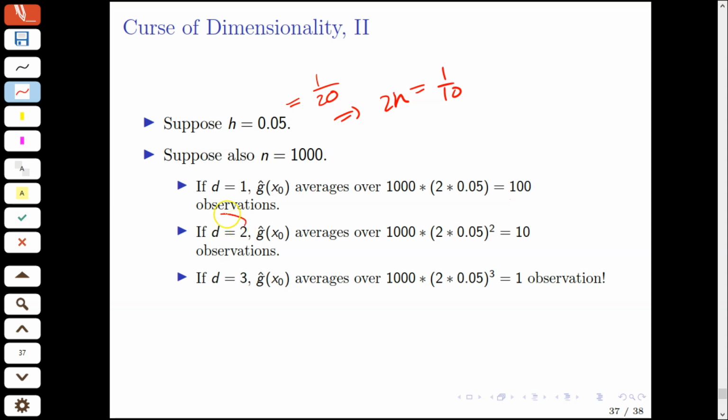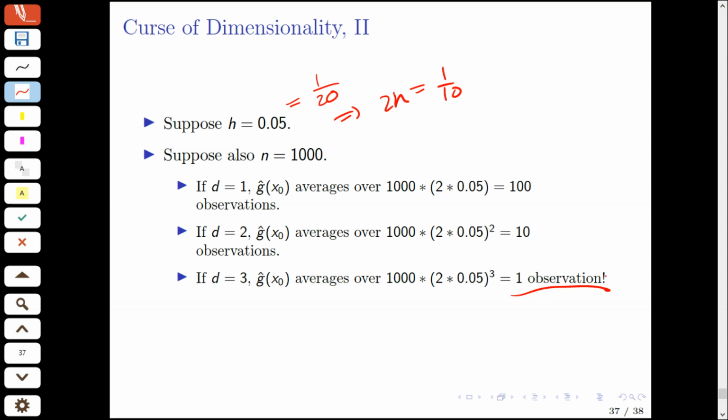The same calculation in 2 dimensions yields that, on average, the kernel estimator is based on an average of 10 observations. And moving to 3 dimensions, using 1,000 observations and a bandwidth of a 20th narrows it down to just, on average, a single observation.